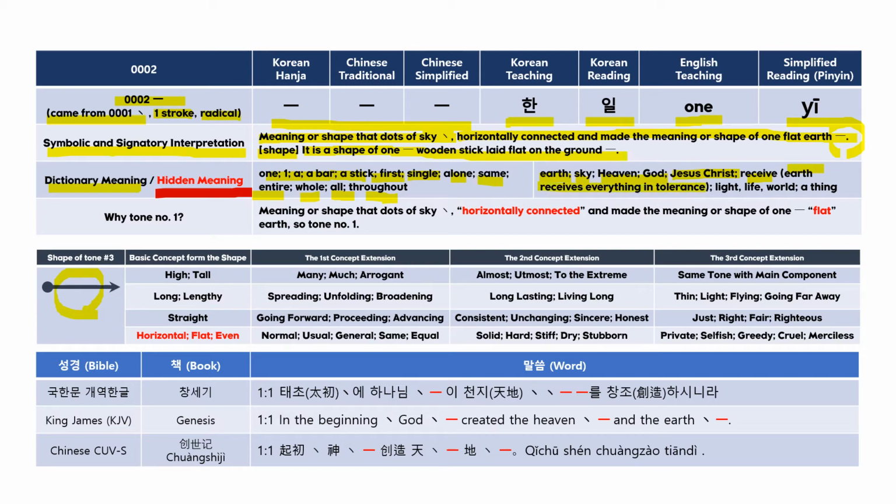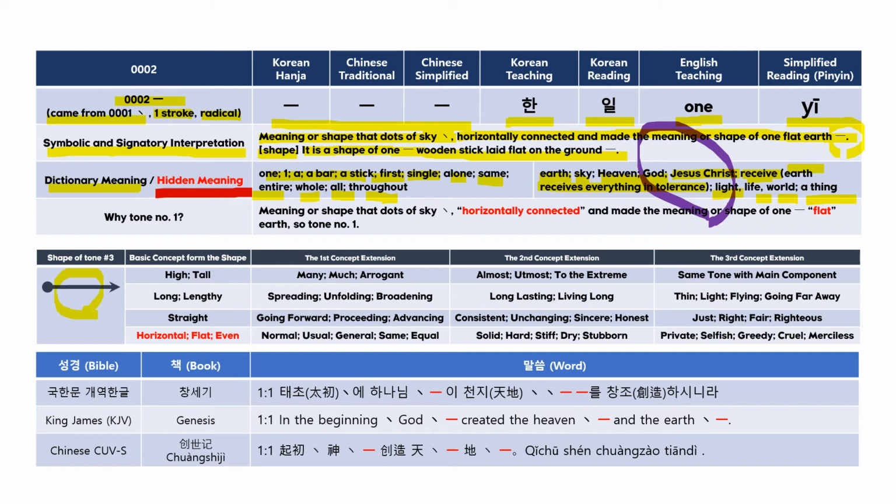So as one of the hidden meanings, please remember receive. And also light, life, the whole world, a thing. So these hidden meanings, please try to remember, because so many complicated characters will be explained using the dictionary meanings and the hidden meanings as well. So hidden meanings are very important.